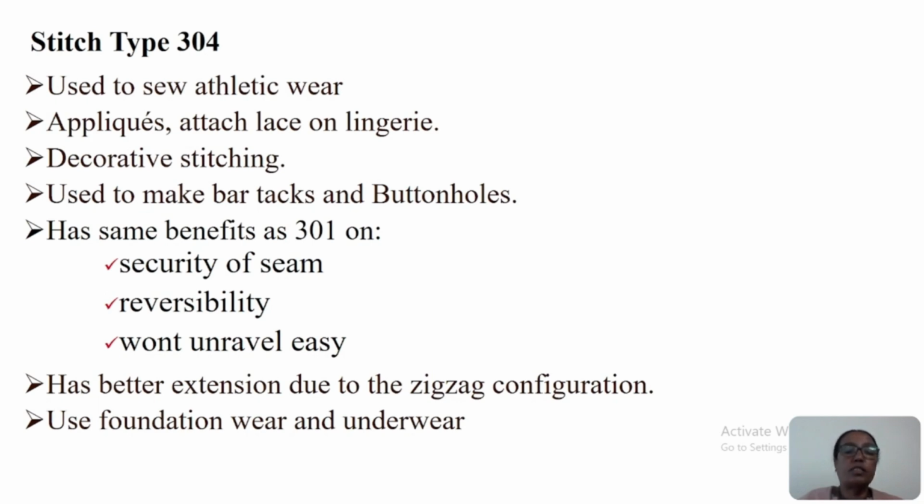It has some benefits as class 300: security of seam, reversibility, it won't unravel easily, and it has better extension due to the zigzag configuration. It is used in foundation wear and underwear. By the way, this stitch type is used especially for underwear.